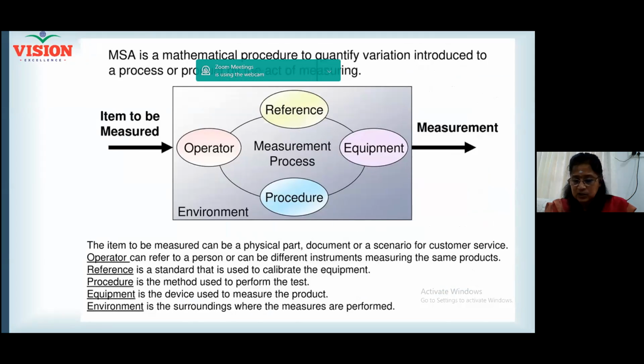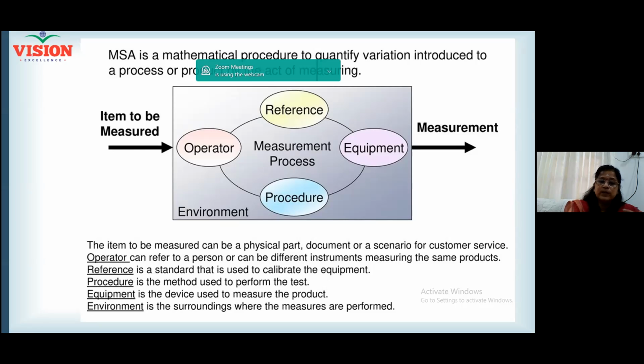How you choose the tools, which tools need to be chosen, will be highlighted immediately after your tea break. That comes under the measurement system analysis. It's a mathematical procedure that will be used to identify or quantify variation. Six Sigma is all about variation, and you want to lessen the variation, you want to remove the variation.